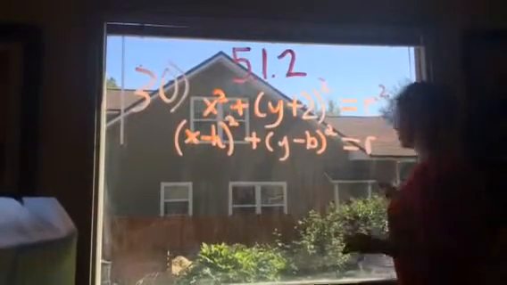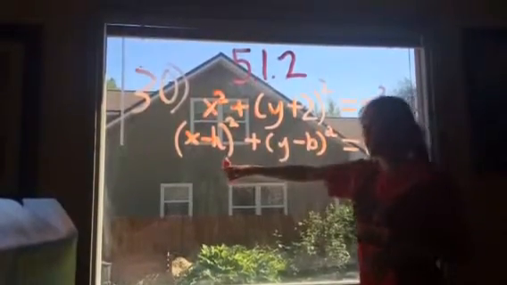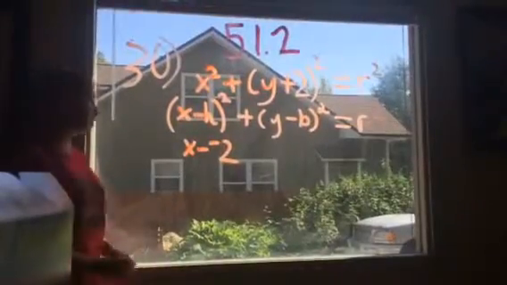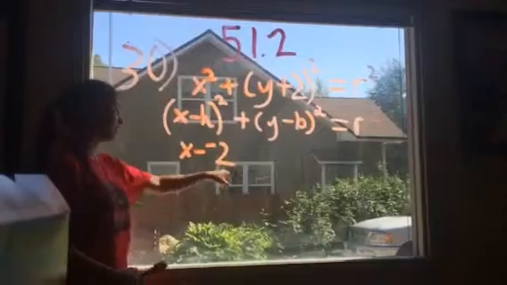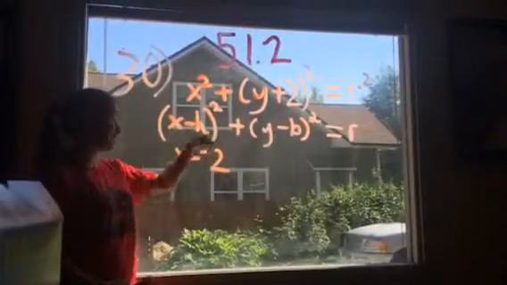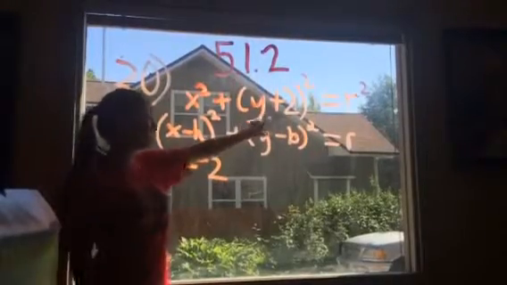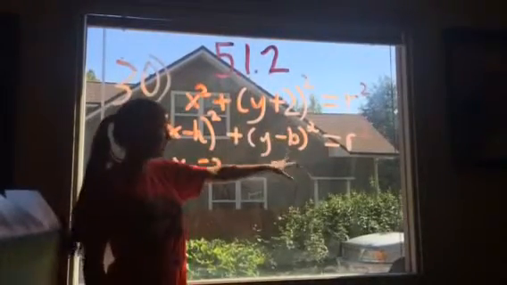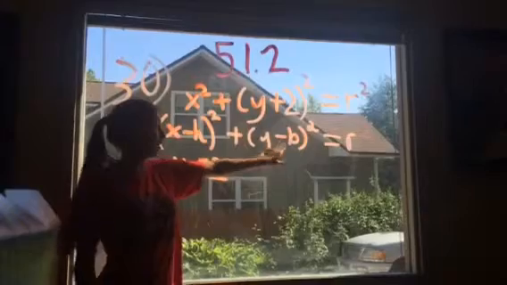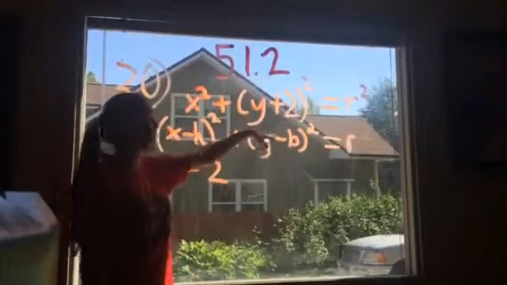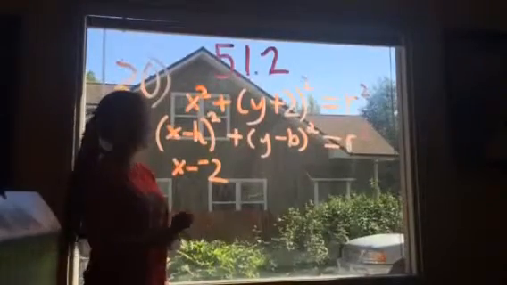So in order to shift it 2 units to the left, h has to be -2. Because it's 2 units to the left, we know we have -2, and it's x minus h, so it's x minus -2. And then our y is already shifted down to -2 because we know it's minus k. Minus negative is +2. So in order to shift it 5 units up, we have to subtract 5.